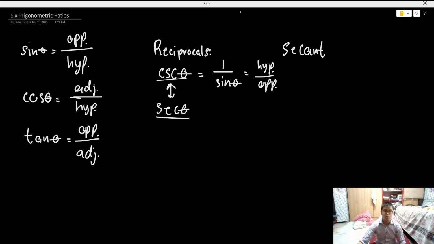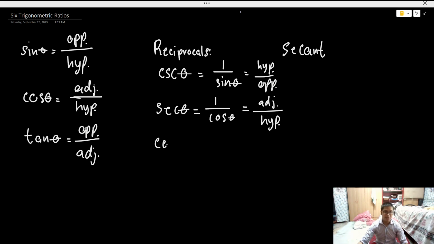Let me rephrase that: the reciprocal of cosine theta is secant theta. Much better. So this one is the same as adjacent all over hypotenuse.